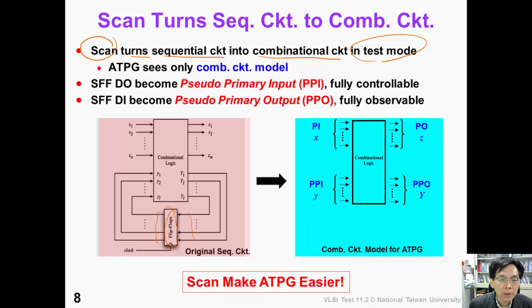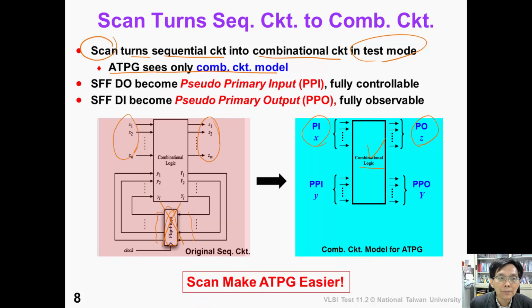So actually we can ignore these flip-flops in test mode. So what ATPG really sees is only a combinational circuit model, where PI are primary inputs of the original circuit, and the PO are the primary outputs of the original circuit.